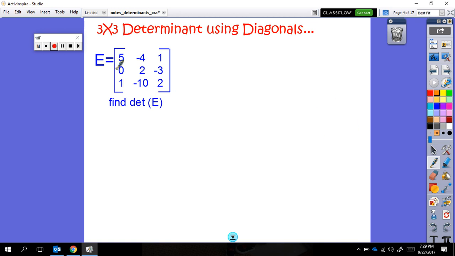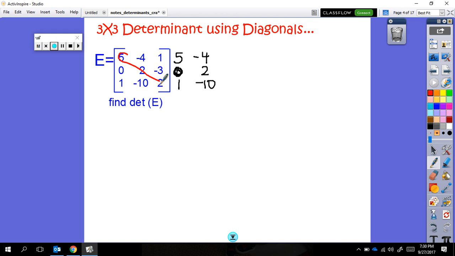Notice it's not just this diagonal here, the 5, 2, 2 diagonal, minus the 1, 2, 2 diagonal. What we have to do is create 3 diagonals. To do that, we rewrite the first 2 columns. That's a 0 right there, 5, 0, 1, negative 4, 2, negative 10. So the first step is always to rewrite those first 2 columns.